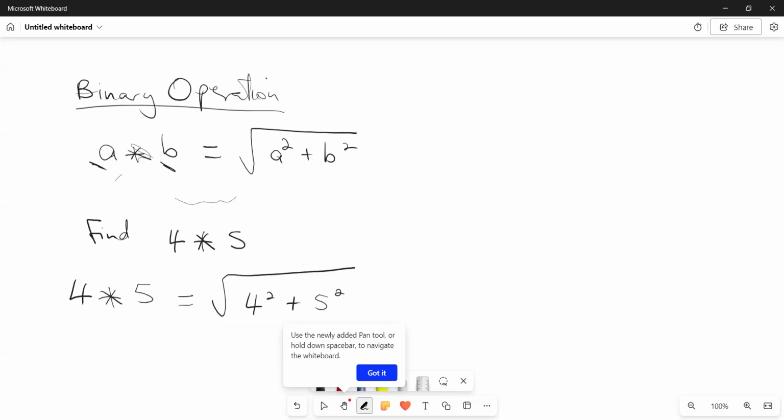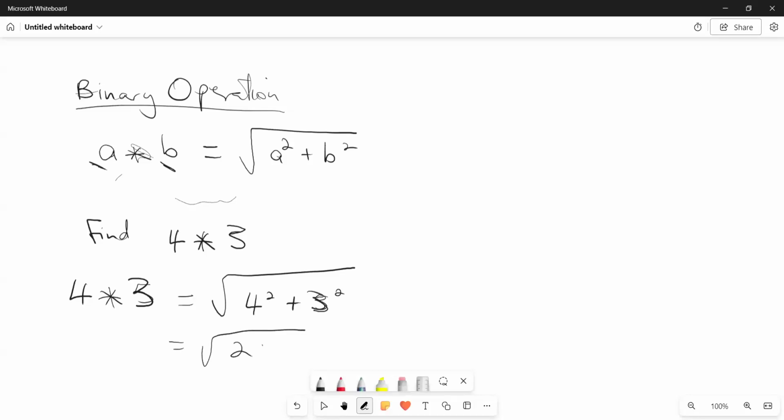You know what? I should use a nice number. Let me use 3 here. So you have, what is this? It's equal to the square root of 25, which is equal to 5. All right, that's what you call a binary operation.